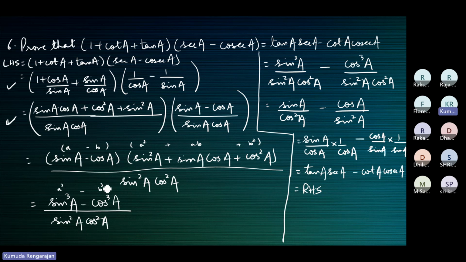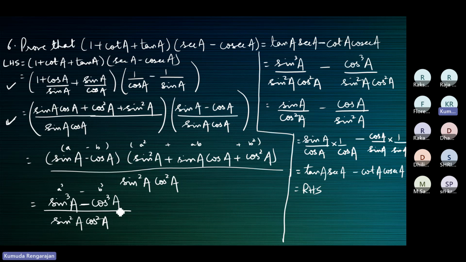Now, why should we do that? Because in the RHS we have two terms. Look at the RHS. We have two terms, so we have to split it at this point. So the numerator sine cubed a by the denominator sine square a cos square a, minus the numerator cos cubed a divided by sine square a cos square a. Like this, now we have two terms.